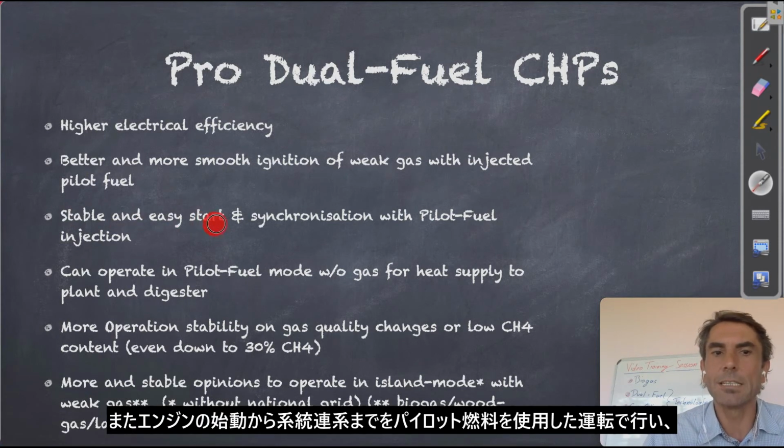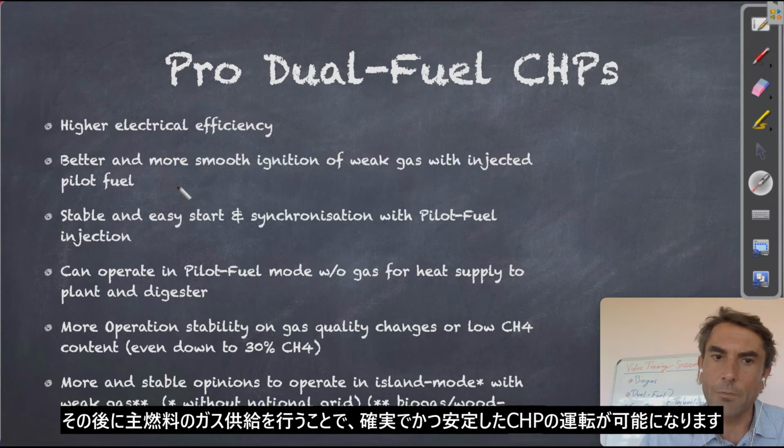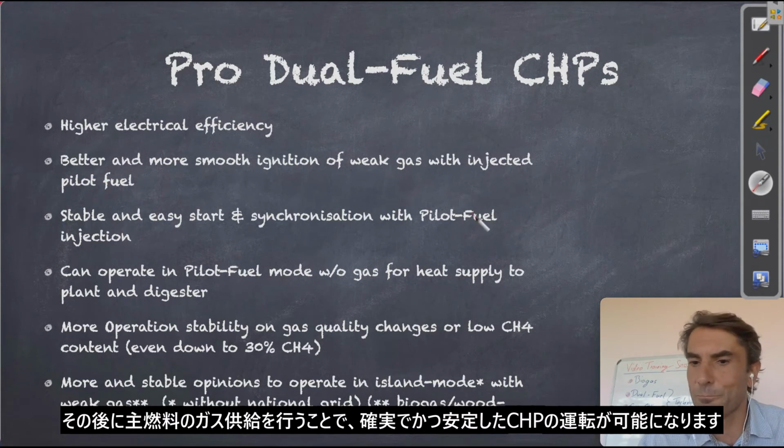Stable and easy start and synchronization with pilot fuel injection. That means we start the dual fuel system with the pilot fuel, like diesel, LME, or vegetable oil. After we have synchronized to the grid, so the generator or the alternator is connected to the grid, the gas mode starts, and that's why it's much easier to have a stable fuel quality.